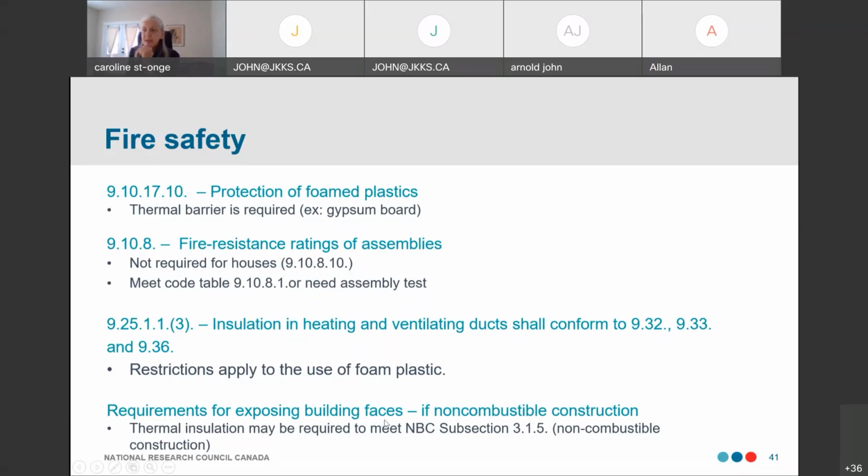If it is determined that the exposing building face must be of non-combustible construction, then the thermal insulation used in that assembly may need to meet Section 3.1.5 of the code, which relates to non-combustible construction.